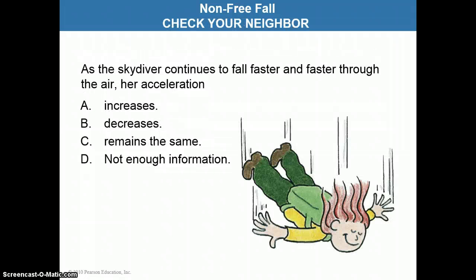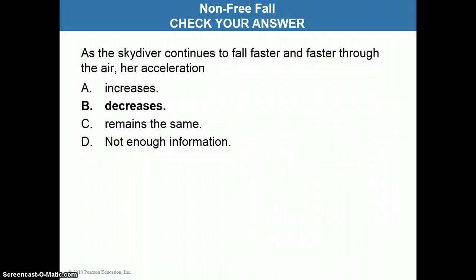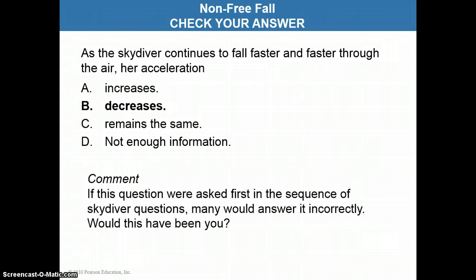Take a look. Net force decreases. Her acceleration decreases. Acceleration changes in the same manner as net force. The skydiver's acceleration is decreasing, which means that with each passing second, the skydiver is gaining less and less speed.